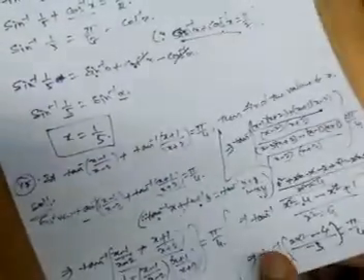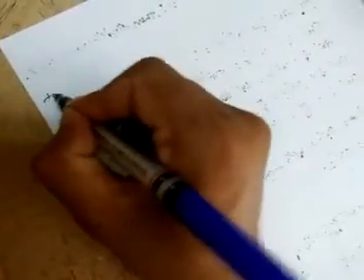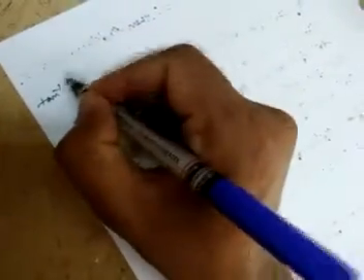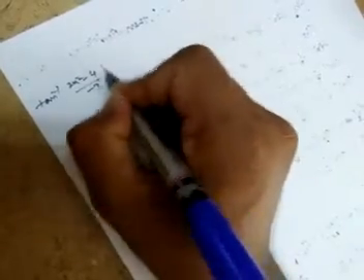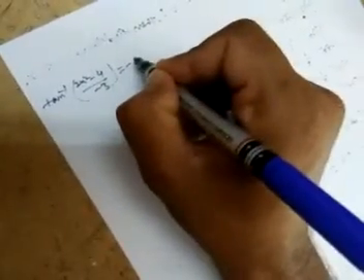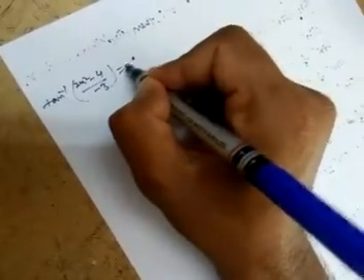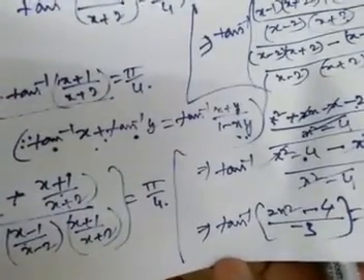Okay, next. tan inverse of 2x square minus 4 by minus 3 equals pi by 4.